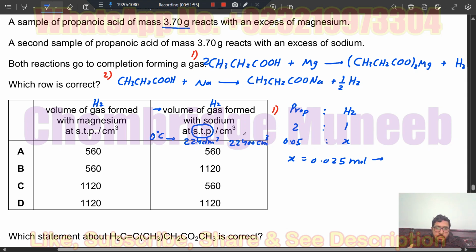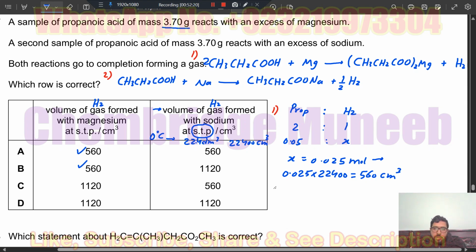You can get this value from the data section, which is at the last of the first page, along with the periodic table. So 0.025 into 22,400 is equal to 560 cm cube. So as a result of the reaction with magnesium, you get 560.